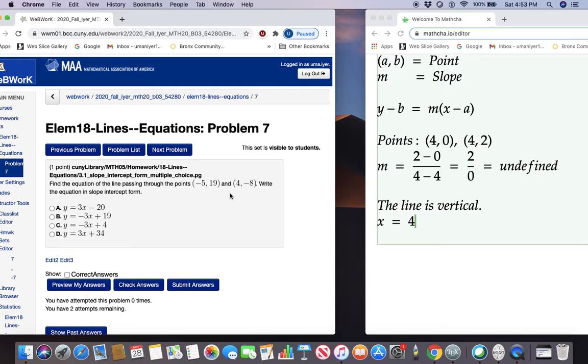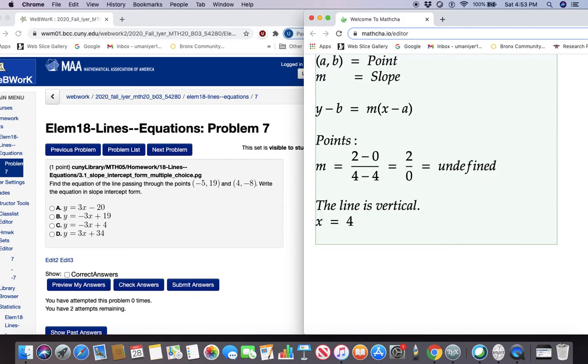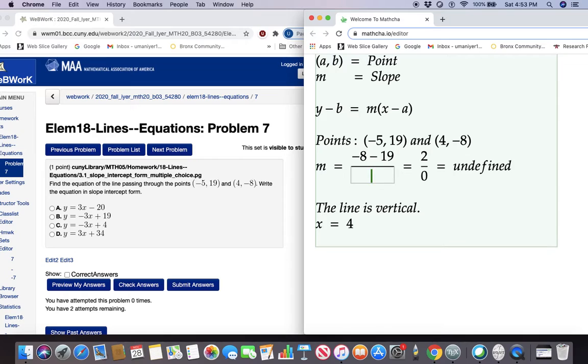Next problem. Equation of the line passing through these and then write it in slope-intercept form. So your points are negative 5, 19 and 4, negative 8. All right. Slope is y2 minus y1 over x2 minus x1.